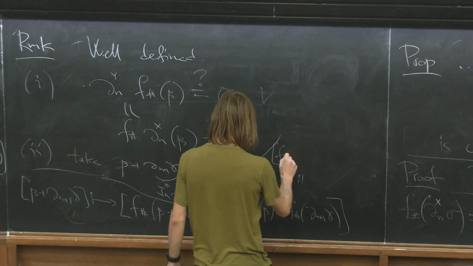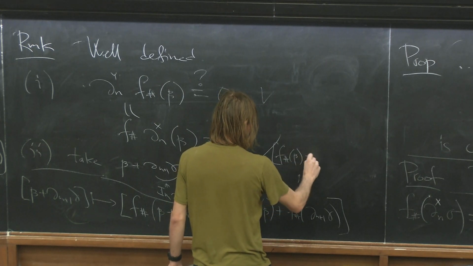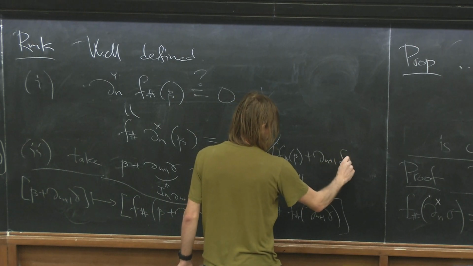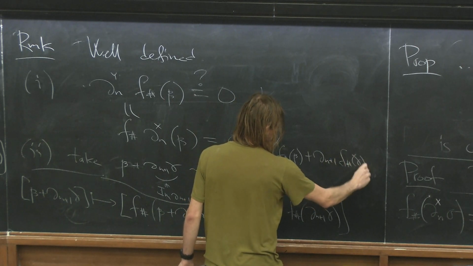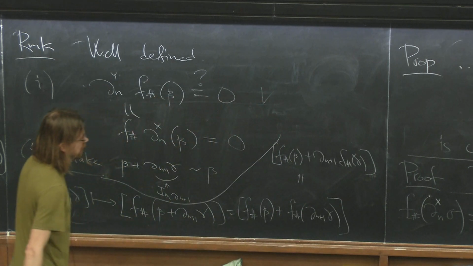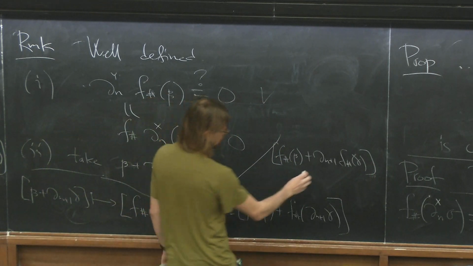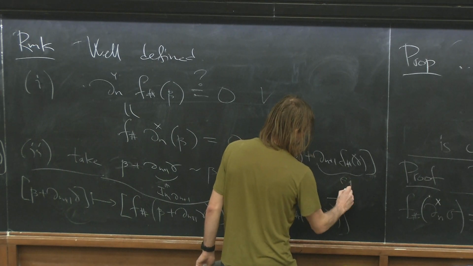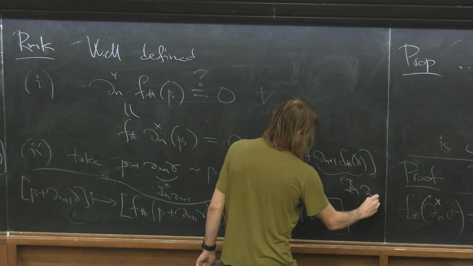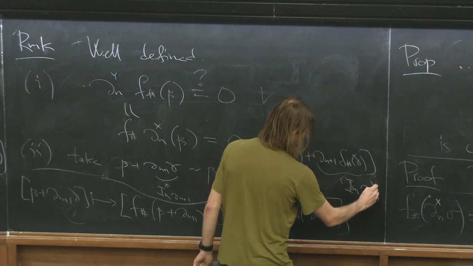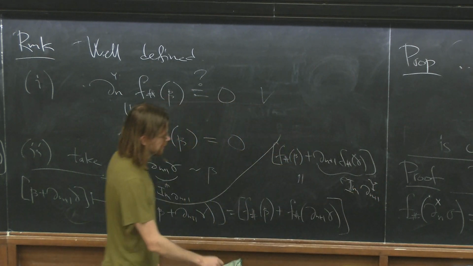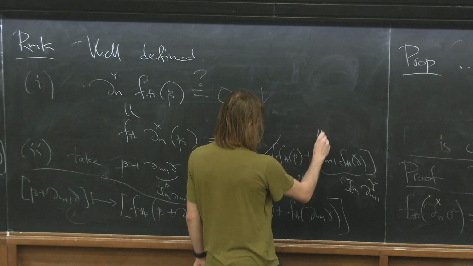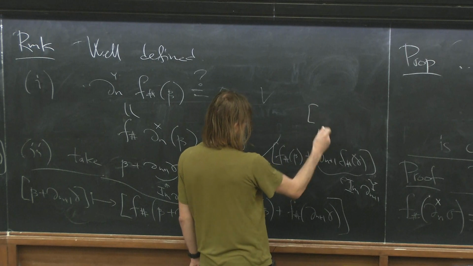So this is F sharp of beta plus D of F sharp of gamma. And now this is an element in the image of Dn plus 1 acting, to be precise, on the chains of Y. And by definition, this has the same class.